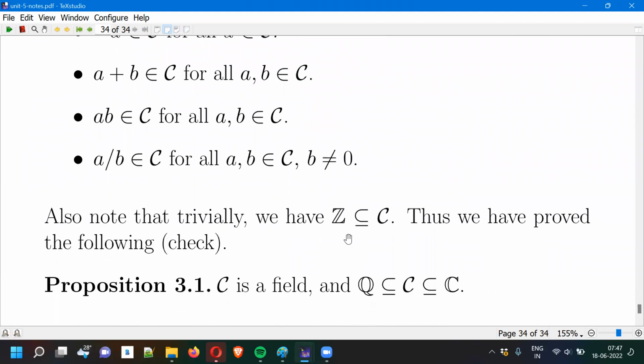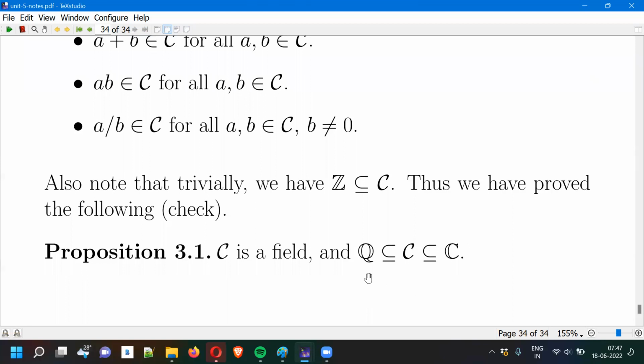If integers are constructible and C is a field, then fractions of integers are also constructible by this last property. So the whole set of rational numbers is constructible. Every rational number is constructible, and therefore C is a field contained between the set of rational numbers and the set of complex numbers. It's between Q and C.